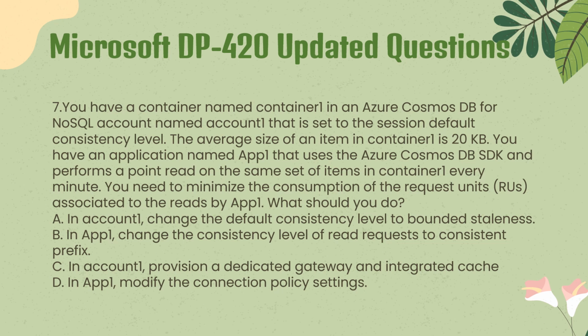What should you do? A. In Account1, change the default consistency level to bounded staleness. B. In App1, change the consistency level of read requests to consistent prefix. C. In Account1, provision a dedicated gateway and integrated cache. D. In App1, modify the connection policy settings.